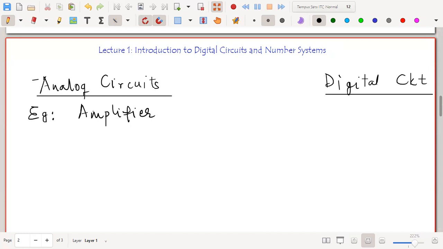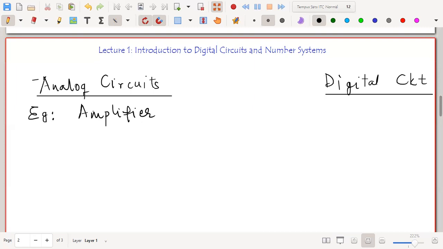Because the signal which is fed to this amplifier is a continuous time signal. So those circuits which can process the continuous time signals are known as the analog circuits, and those circuits which can process the discrete time signals are known as the digital circuits.